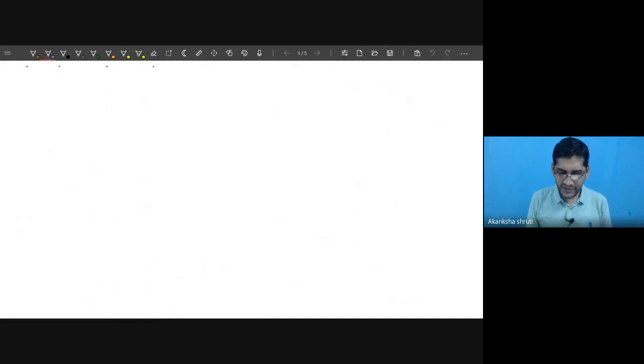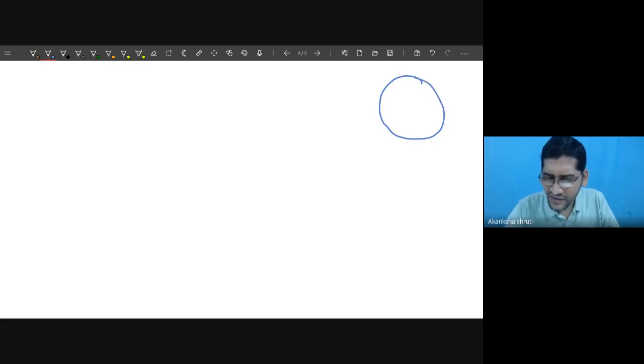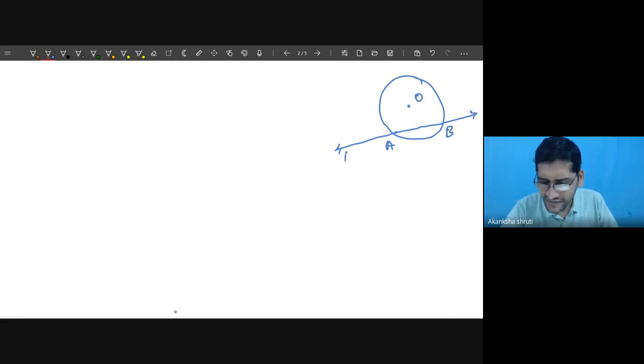Students, if you just recall the previous concepts, we have learned that secant means this is the secant, the center O, points A and B. Since the secant is an open line, we may write this as X and Y. But the portion between, or the line segment AB inside this circle, or in the interior of this circle, is called the chord. So the chord is this much.